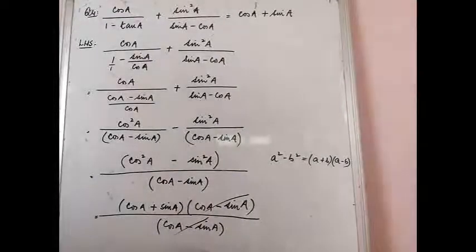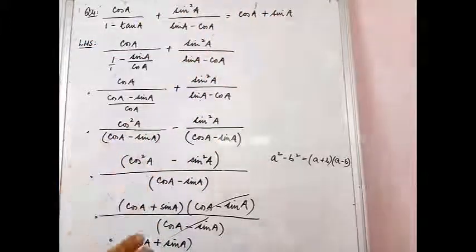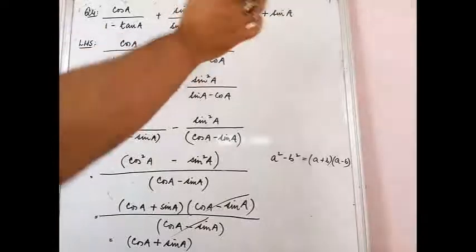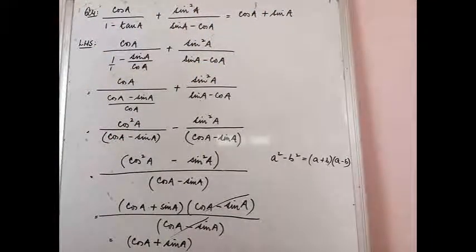As you can see, let me write it down over here, what is left is this cos A plus sin A. This is the only thing present, and you can see it is equal to the right hand side. So what we had to prove has been arrived at.